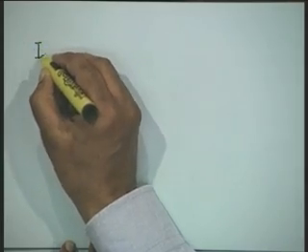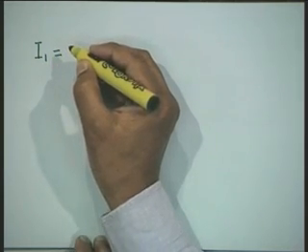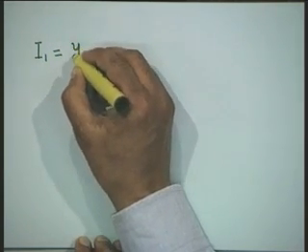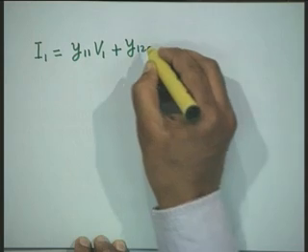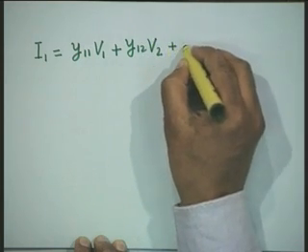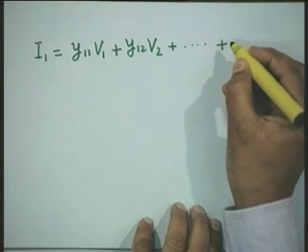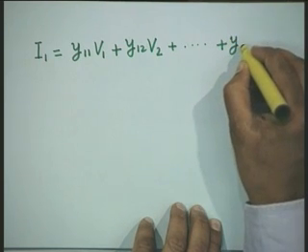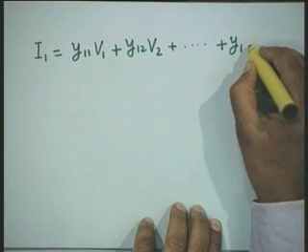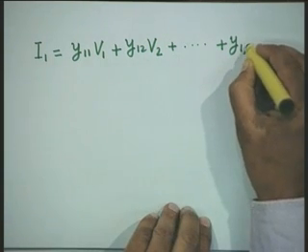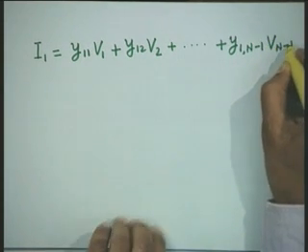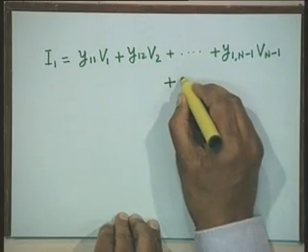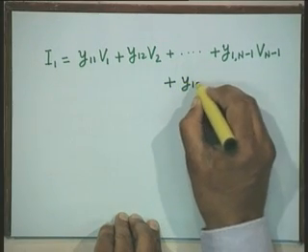Let us write down I 1 can be written as y 1 1 V 1 plus y 1 2 V 2, up to the n minus 1 term, y 1 n minus 1 V n minus 1, plus y 1 n.